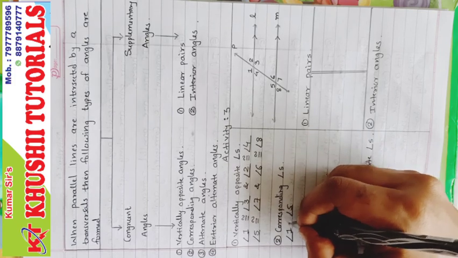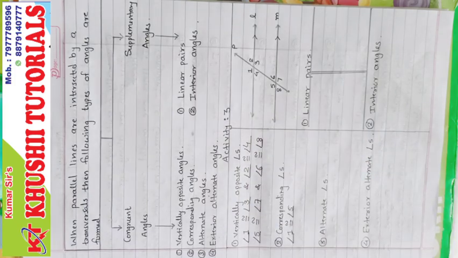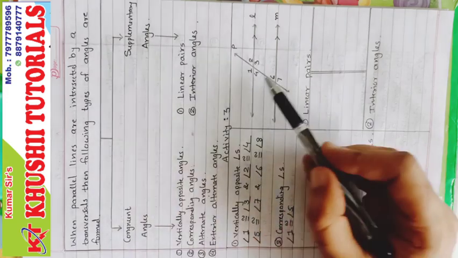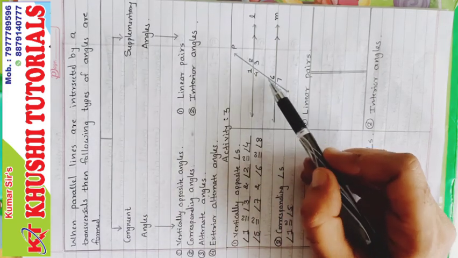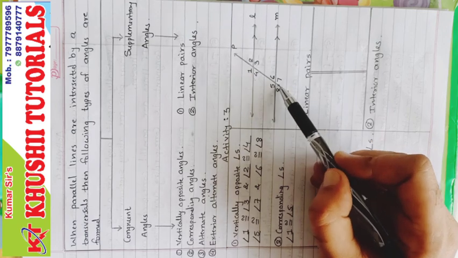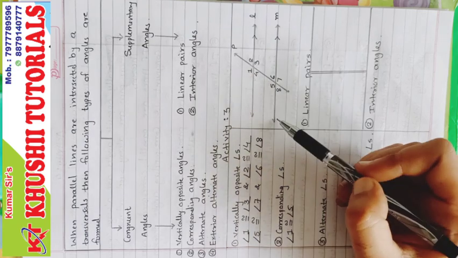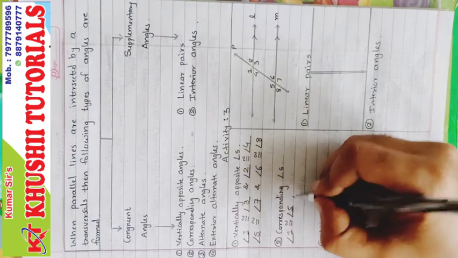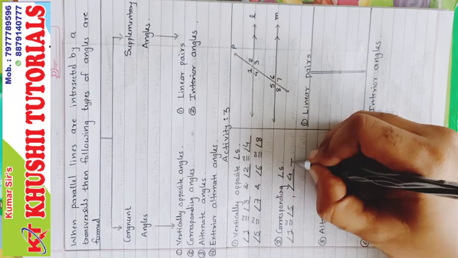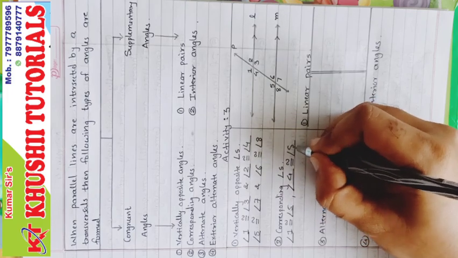And corresponding angles are congruent, so you should put the sign of congruent. Then second, angle 4, it is from the left going down. The same, from the left going down, is 8. So angle 4 congruent to angle 8.